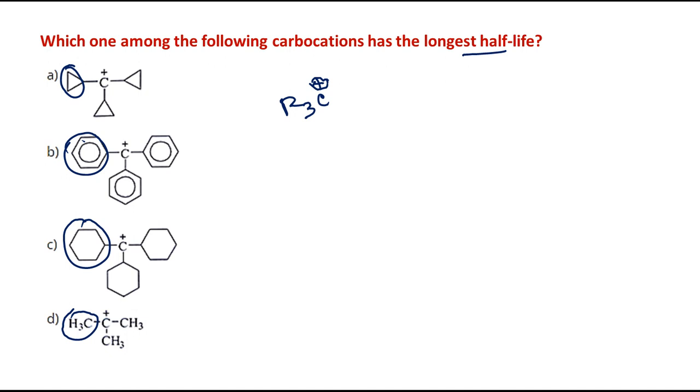Now with respect to 3 degree, 2 degree, all are connected to 3 carbon atoms, so all are basically 3 degree. With respect to that we cannot decide anything. Next you can consider the inductive effect and the resonance effect. Resonance effect is always more important than inductive.